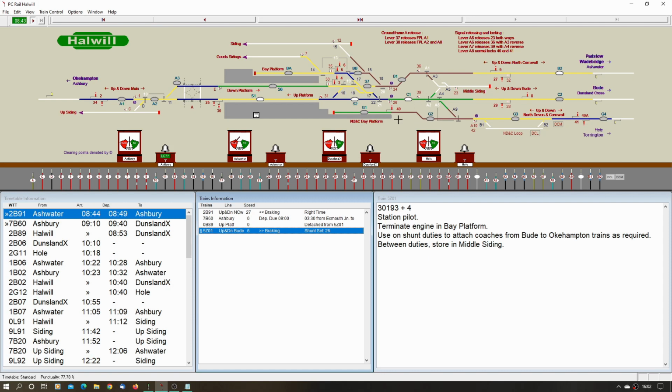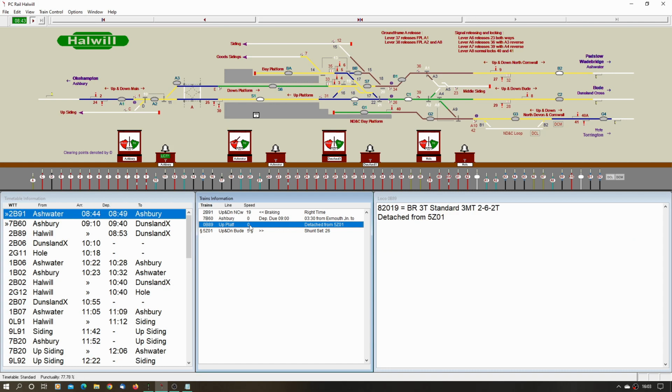I think it probably needs 39 clearing as well for that move. 31 can go back. Don't know if I can move this one. What happened there? I clicked on reverse, not permitted. No, he has to wait for a signal, I'm afraid.